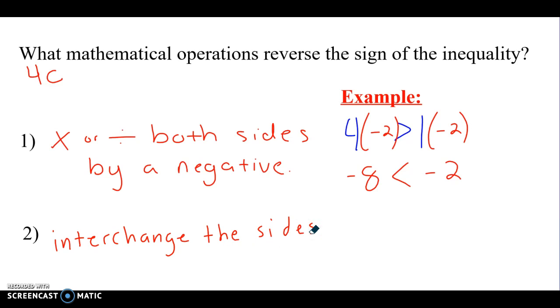Now what I mean by that, let's say I have x is greater than 2. Say that backwards. Yeah, 2 is less than x. If x is greater than 2, that means 2 has to be less than x. So if I want to switch this backwards, you also have to take the sign with it. X is greater than 2 is the same thing as saying 2 is less than x. So those are the only two scenarios in which you would ever flip an inequality sign.